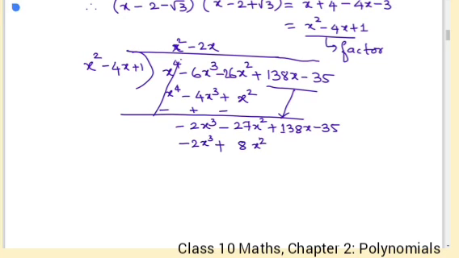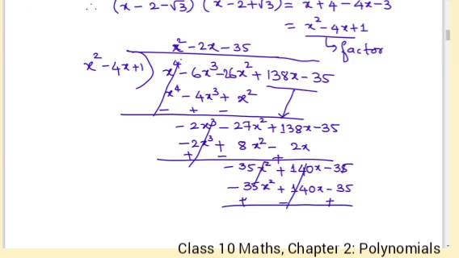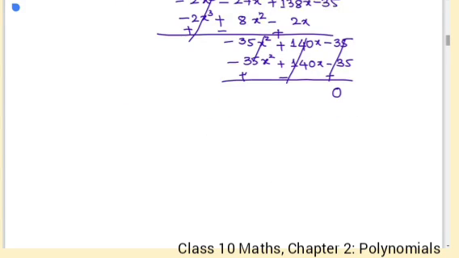So multiply 2x with all the terms here. So first term gets cancelled, remaining terms write down minus 35x square plus 140x minus 35. Again multiply it with minus 35. It becomes minus 35x square plus 140x minus 35. So here all the terms get cancelled, remainder is 0.